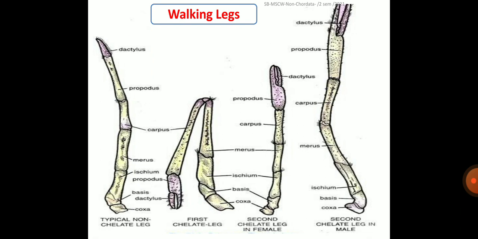The second chelate leg in males is larger and more powerful than in the female. Already I have told you the third, fourth and fifth pairs of legs are termed non-chelate and typical. In the female, each third leg bears a female reproductive aperture on the inner side of the coxa, while in males, each fifth pair of walking legs bears a male genital aperture on the arthrodial membrane between the leg and the thorax.